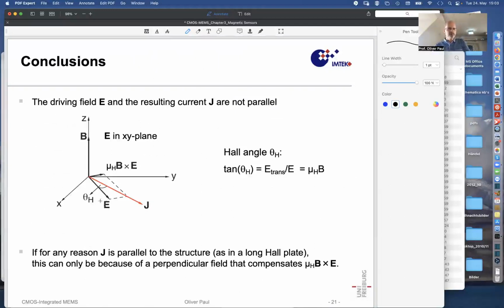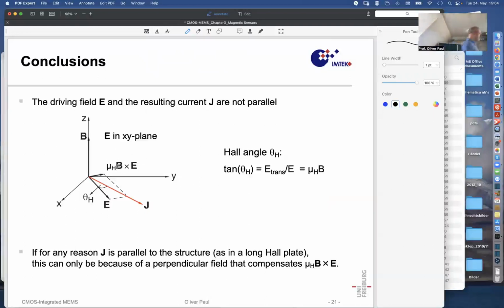where we see, so we have this volume, conducting volume, and then it is pervaded by an electric field E pointing in this direction. And then there is perpendicularly to it a B applied. And then, of course, there is a mu HB cross E. Well, B cross E makes a vector going in this direction, which has a certain size, and it has the units of electric field, because mu H and B have inverse units.